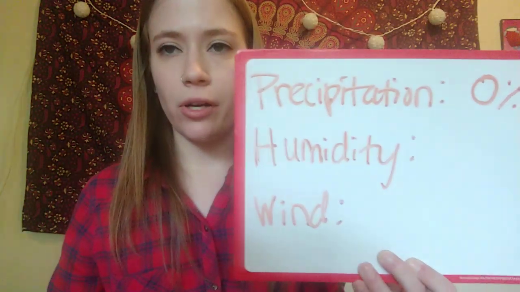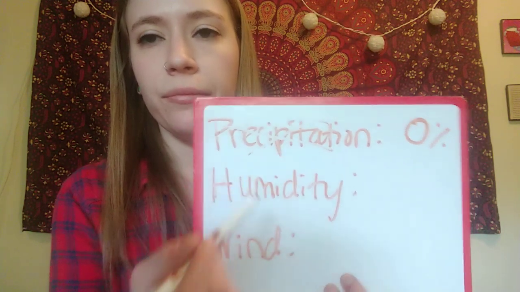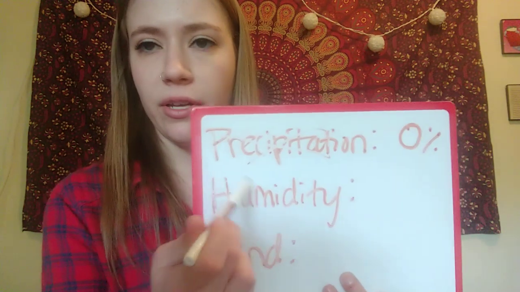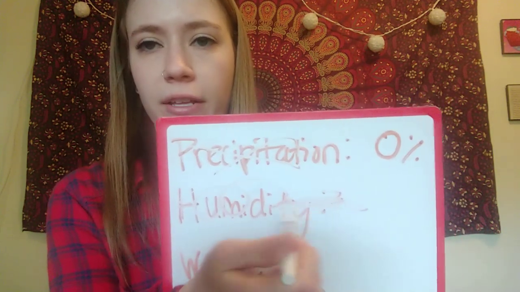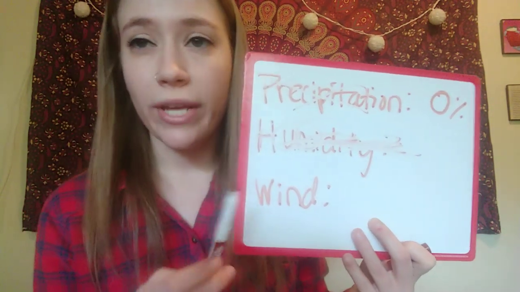Okay, so just like we looked at this part, we're going to look at this part again. We already did precipitation, so we don't need to look at that. We're not going to worry about humidity, but we are going to take a look at what the wind speed is next to W-I-N-D, wind.